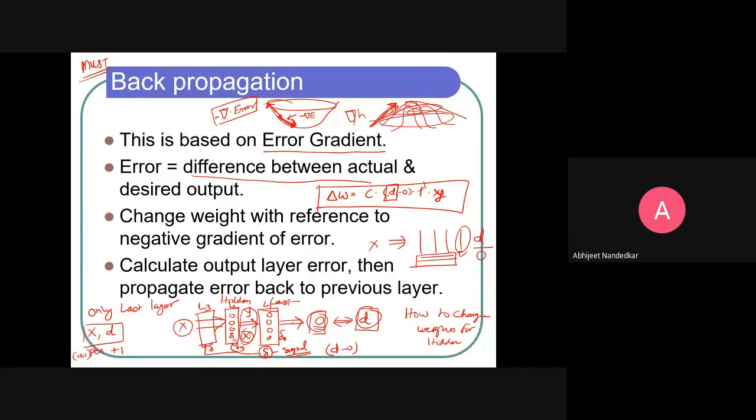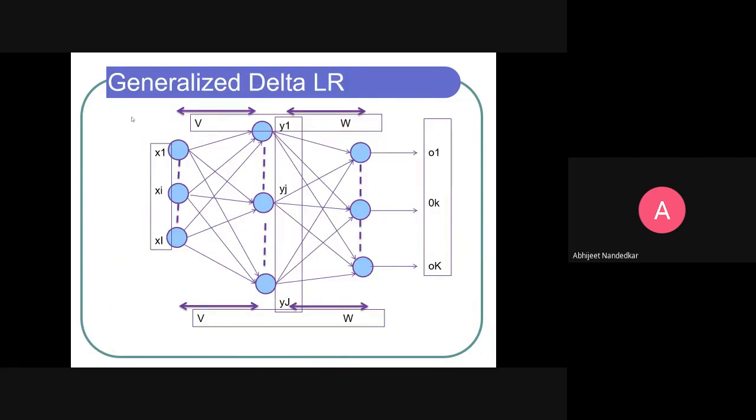What I mean to say is that some delta signal is created for the output layer, and this delta is propagated in reverse direction to train or update weights for hidden layers. So once you compute delta for the output layer, you can use that delta to find the error signal for hidden layers. Then you can update easily. How this is done, we can see with a small derivation.